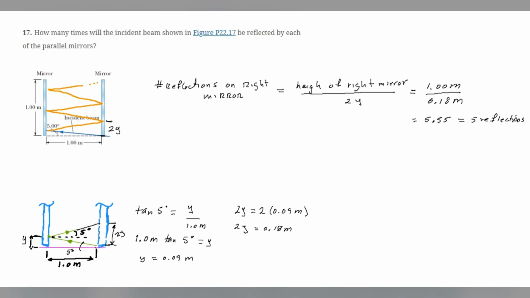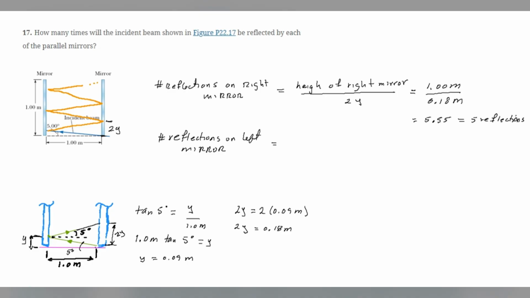Now, what happens with the left mirror? The number of reflections in the left mirror is going to be a little bit different, because the first reflection is going to occur at this value of y.